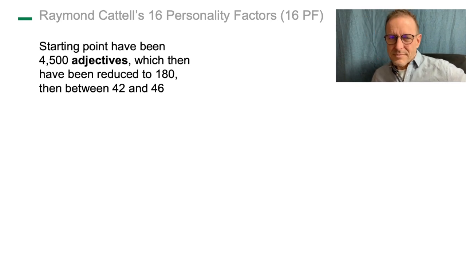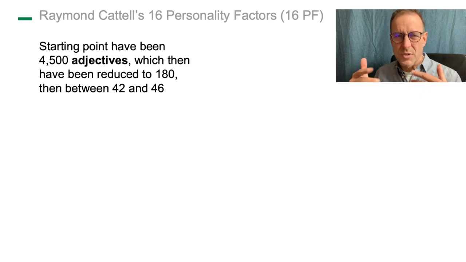He and his colleagues looked at 4,500 adjectives that are somehow used in the English language. When you look at these 4,500 adjectives that all could somehow describe people, you will find that there is a lot of redundancy within, right?